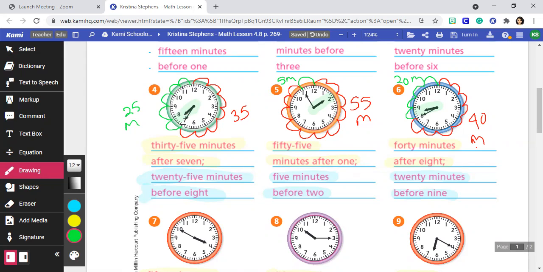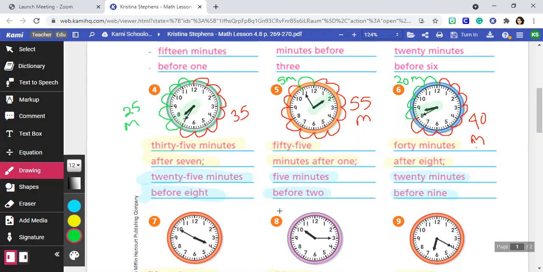So it's still 7 o'clock. So how many minutes after 7 o'clock is it? It's 35 minutes after 7. And since it's not 8 o'clock yet, how many minutes until 8 o'clock? 25 minutes until 8 o'clock, or before 8 o'clock.